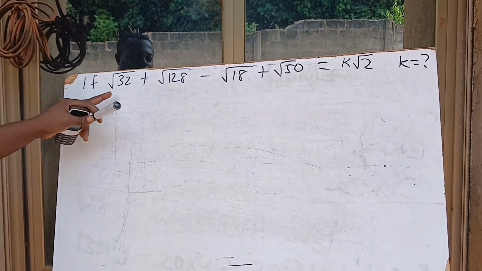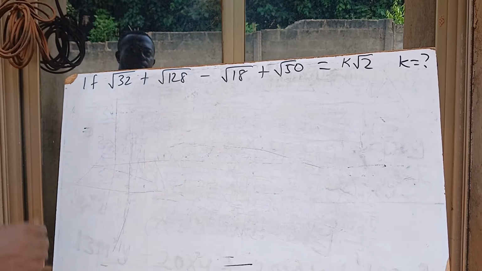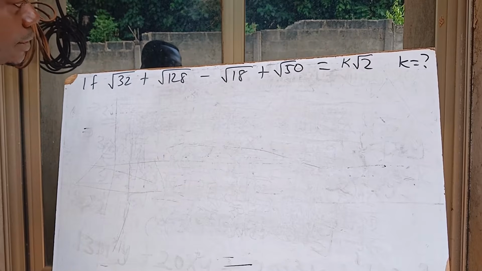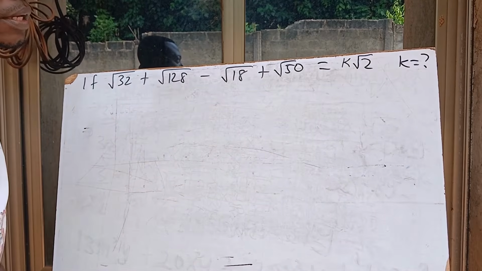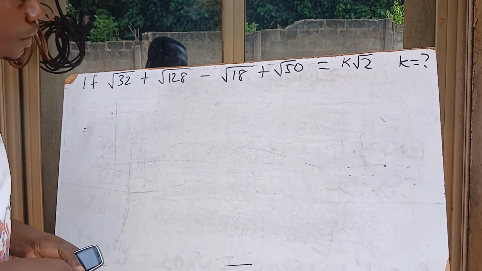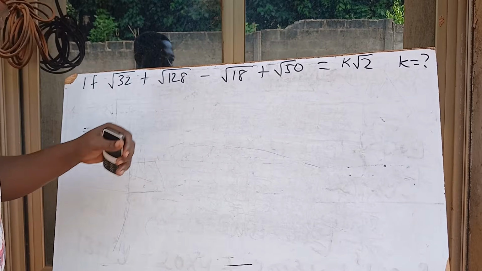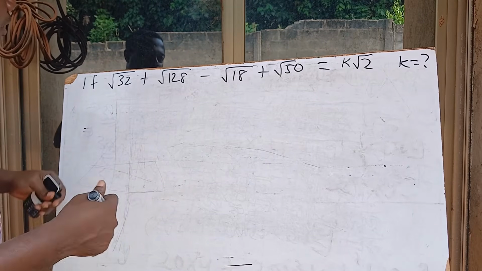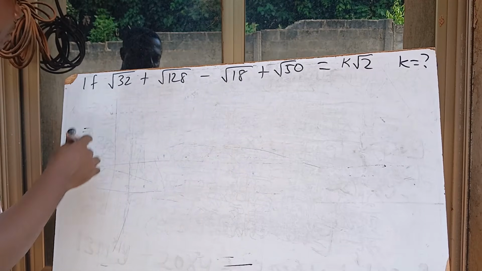Now, if square root of 32 plus square root of 128 minus square root of 18 plus square root of 50 equals k root 2, and you're asked to find k. All right, so this one is not different from what we've been doing. Let's start by reducing them. After that, we compare with the right hand side.